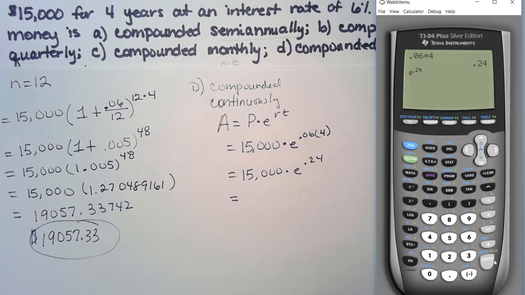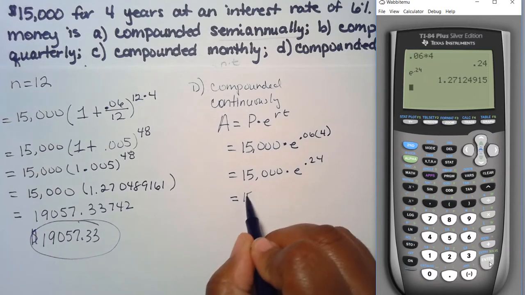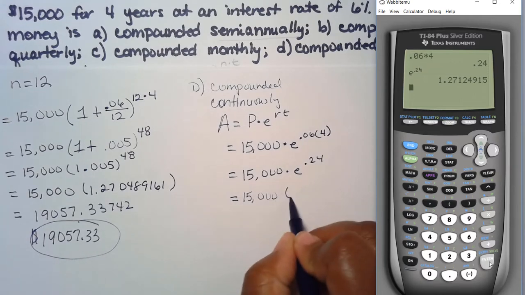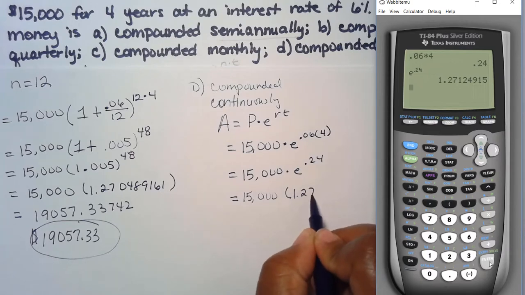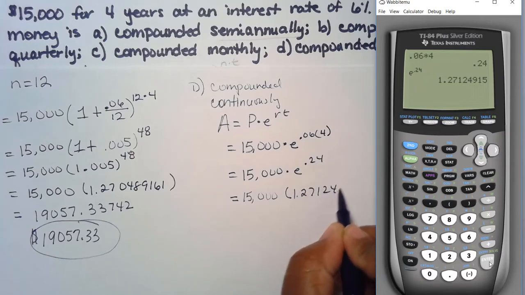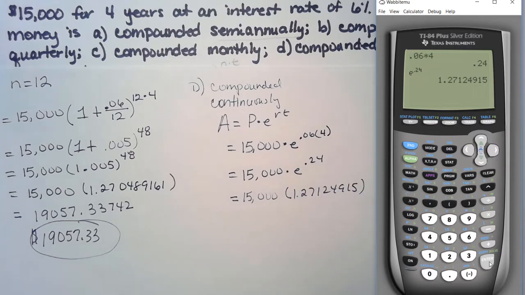Let's press enter. So we have 15,000 times 1.27124915, and then times that by 15,000.